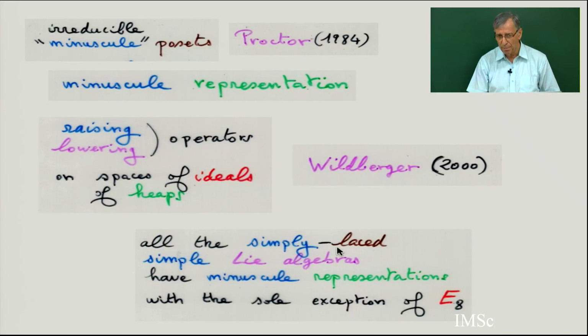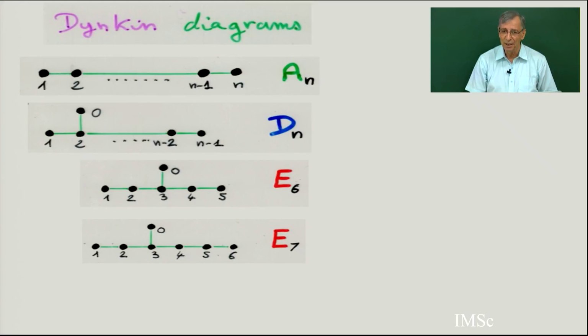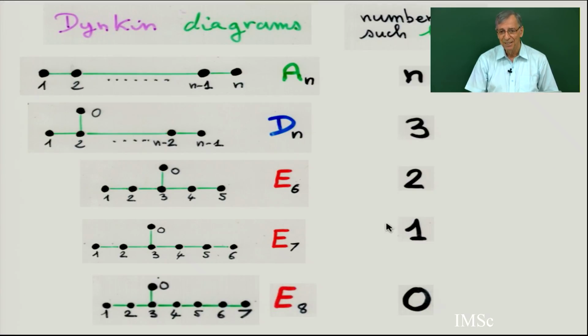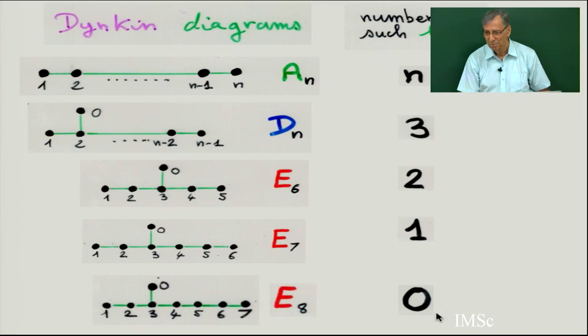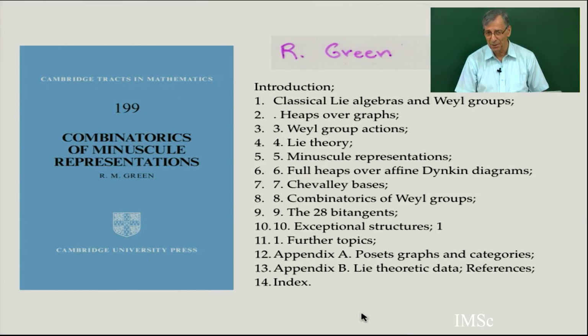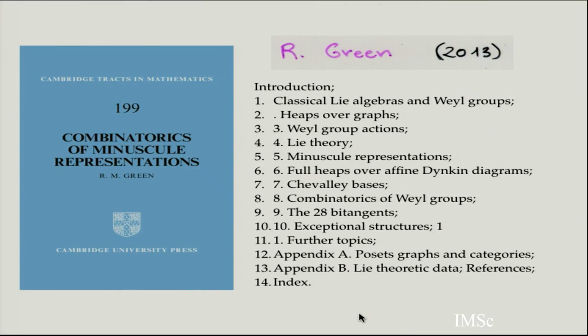And all simply laced Lie algebras have such a minuscule representation, except for E8. So this is why this tableau is E8 equals 0. It's related to this representation. So this is deep. It's outside of the level of this class. This should be a second class, a whole course about it.